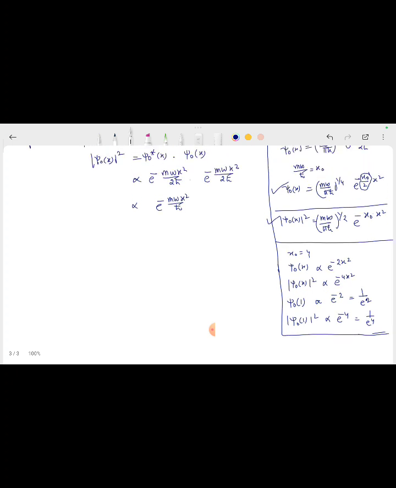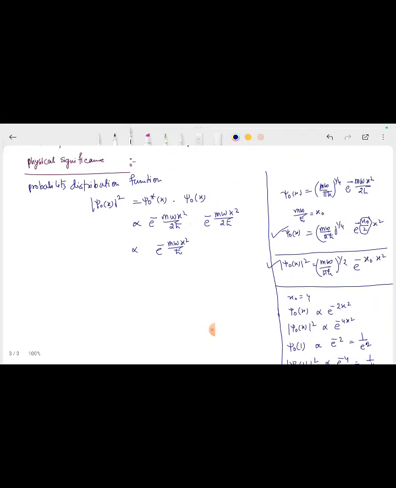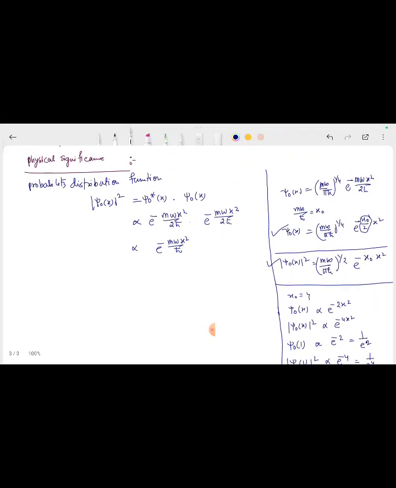But the peak value is also different; at x equals to 0 they have a peak value, but their peak values are different.